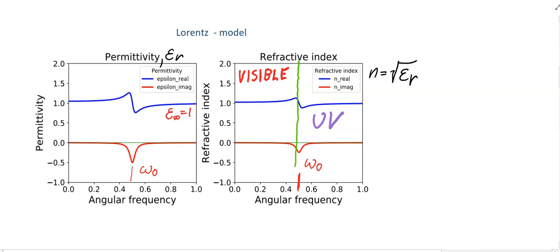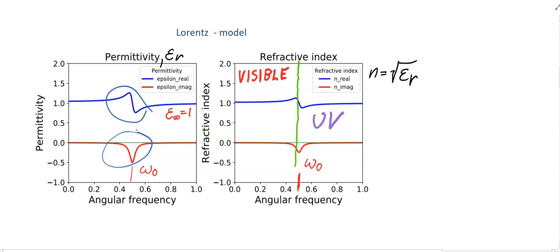Here we see an example of how the permittivity and refractive index look like as a function of optical frequency. At resonance omega 0, we observe rapid change of both real and imaginary parts of the permittivity.